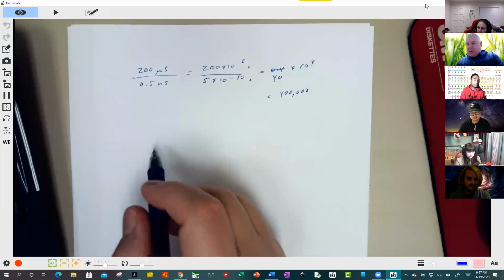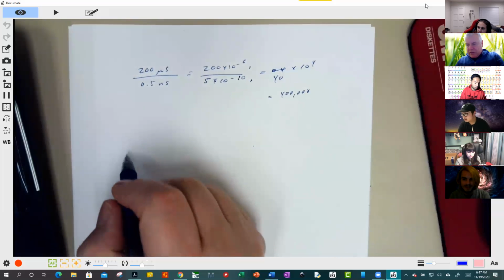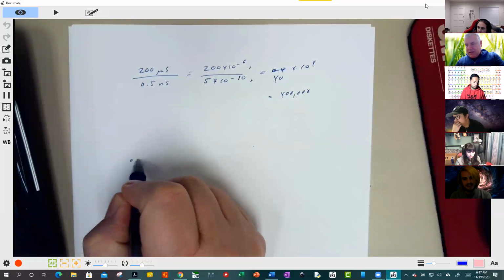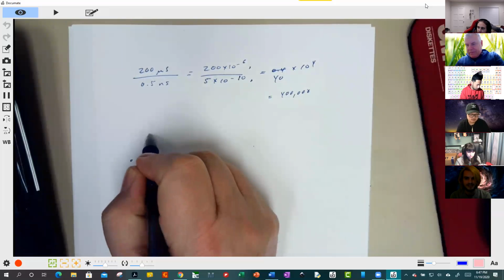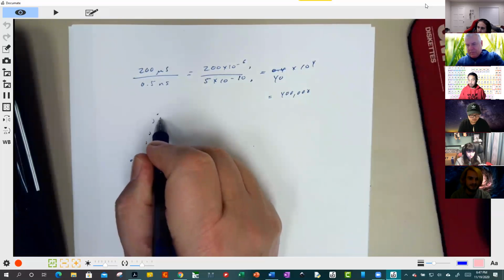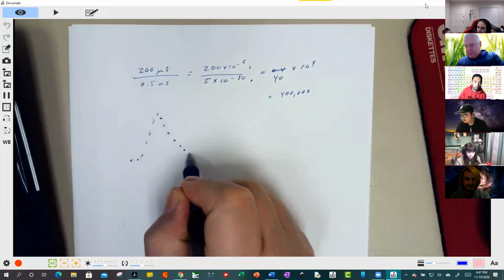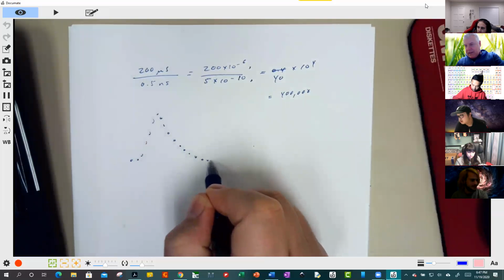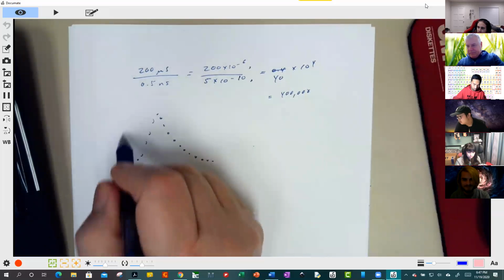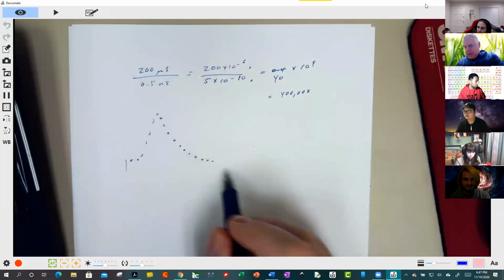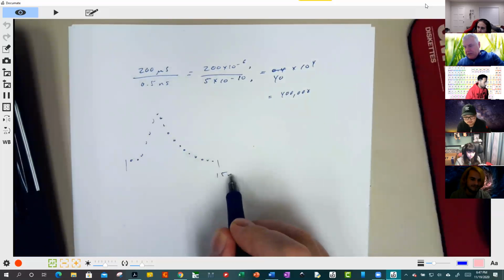You have 4 parameters out of like 20 data points, right? They have these data sets that kind of look like this, right? The whole thing is about 15 nanoseconds.